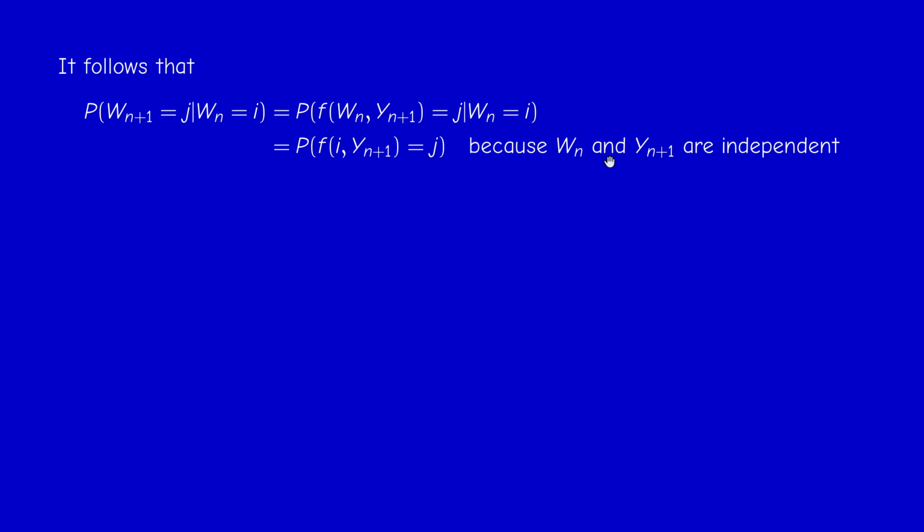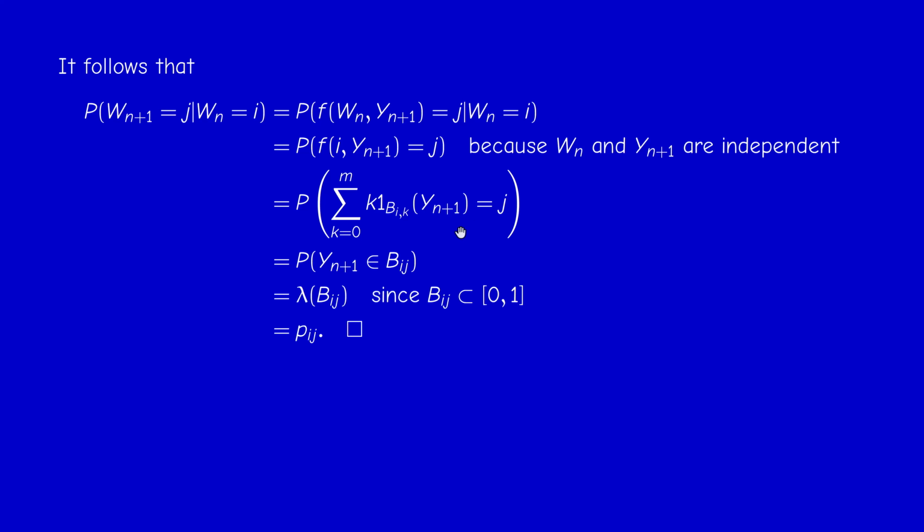And since W_n and Y_{n+1} are independent, any function of W_n is independent of any function of Y_{n+1}. So I can eliminate this by independence. And now I just replace f of i, Y_{n+1} by its value. This is just the definition. And so now, when does this event happen? By the remark before, this happens if and only if Y_{n+1} belongs to B_ij, right?